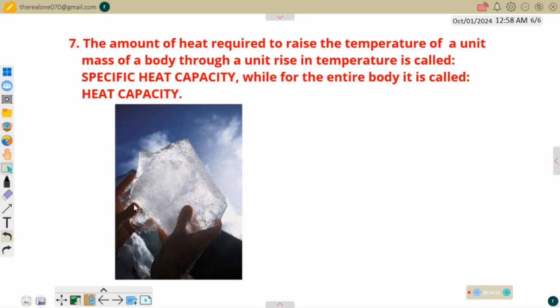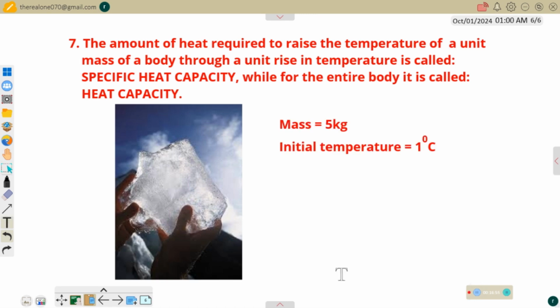Now for the whole of this ice, let's say the whole of this ice is of mass 5 kilograms. Let's say the initial temperature is 1 degree Celsius. So now the mass of this ice is 5 kilograms and the initial temperature is 1 degree Celsius.